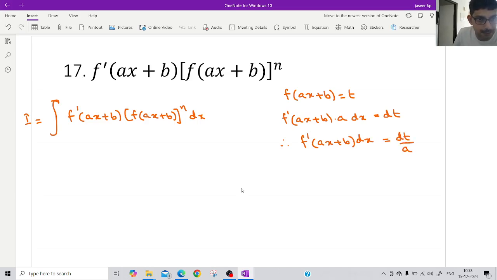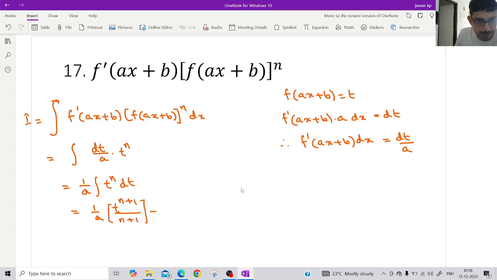So if you do the substitution here, f dash of ax plus b dx is dt by a into t to the power n. So that is 1 by a t power n dt. So this is equal to 1 by a into t power n plus 1 by n plus 1 plus c.